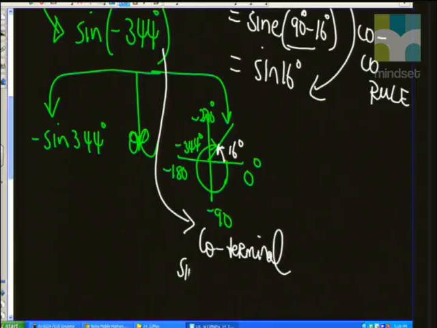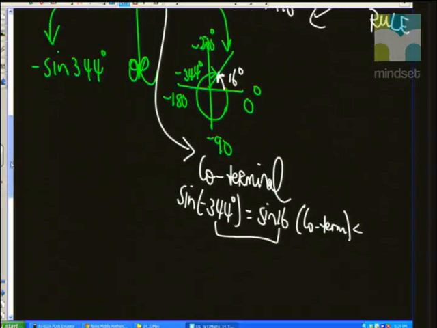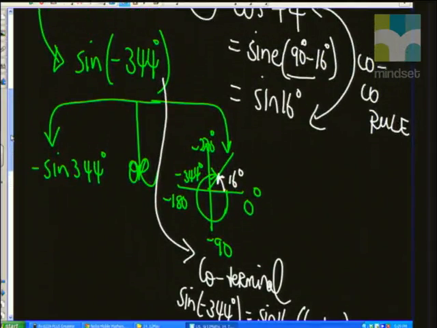So sine of negative 344 is exactly the same as the sine of 16. They are coterminal angles. And you would just write in a reason, coterminal angle. Okay? And in that way, you've rewritten it as sine 16 because you've worked with a coterminal angle. So one way is to go via the coterminal angle.